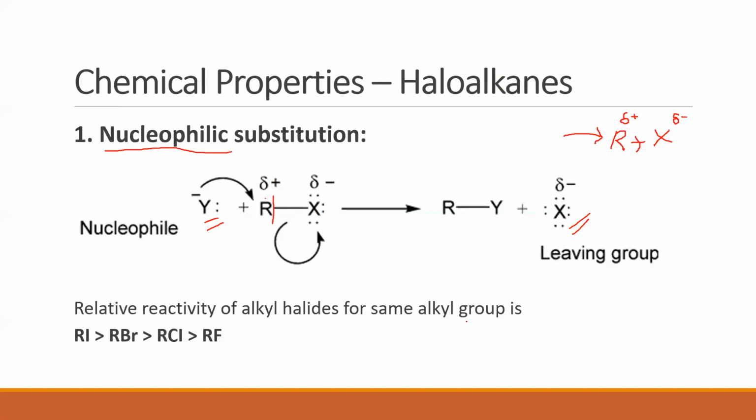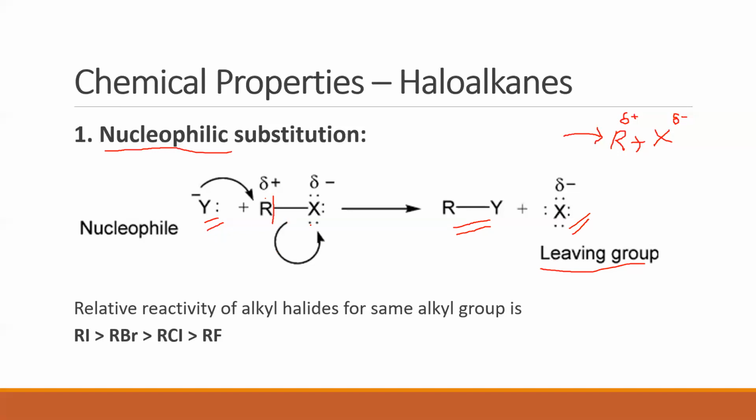X goes out as X minus, and Y minus forms a bond with R to form this compound RY. X minus is called the leaving group. So naturally, why is it called a leaving group? It's called a leaving group because it is the one which is going out of the alkyl halide. Clear?